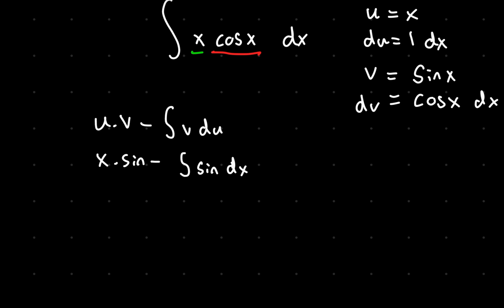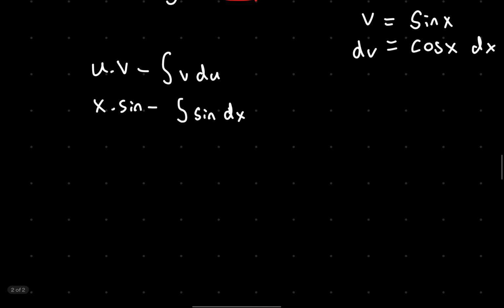Okay? And as we just figured out, the integral of sin x will just be minus cos x. Again, you've got to think, what's going to give me that if I differentiate it? So we have x sin x. Sorry, I forgot the x there.